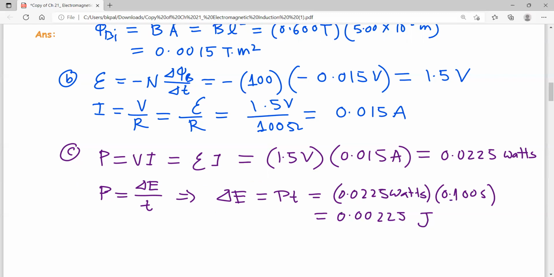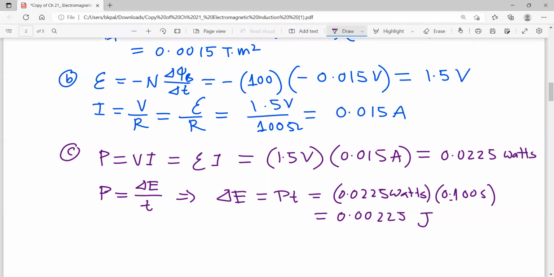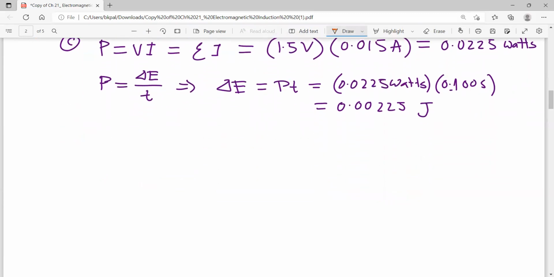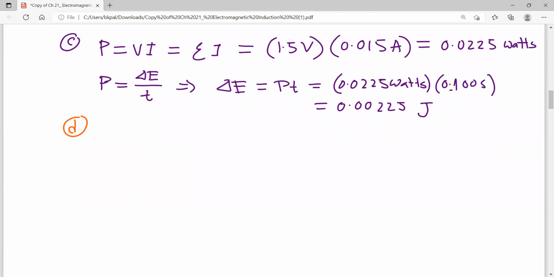And the last one is, what is the average force required to bring it from the magnetic field to the zero magnetic field? Let's see how to calculate that. Now we have to go back to our physics 1 knowledge. The concept we need is the work-energy principle: net work done is equal to change in the kinetic energy.